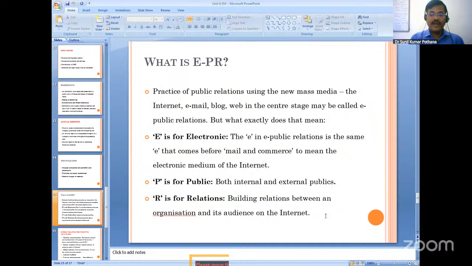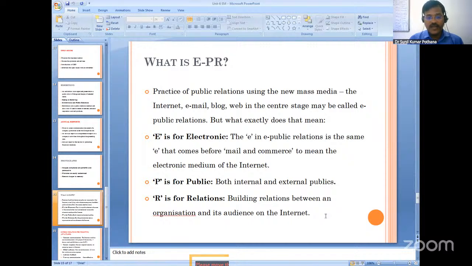We had public relations 2.0 earlier, and now public relations 3.0, public relations 4.0, meaning the development of technology, the emergence of various mediums, voice, audio, visual, multimedia, graphics, all included in today's media platforms.